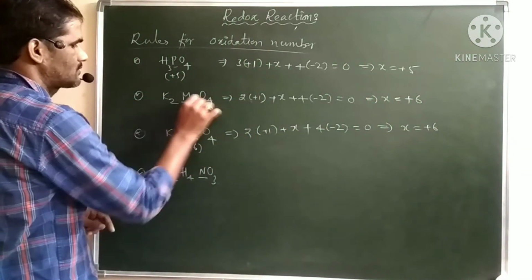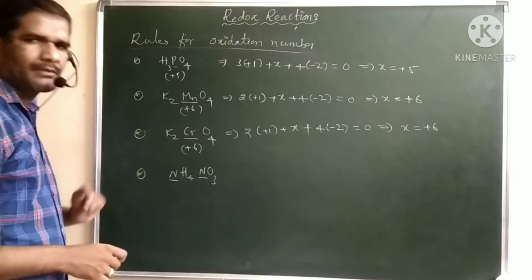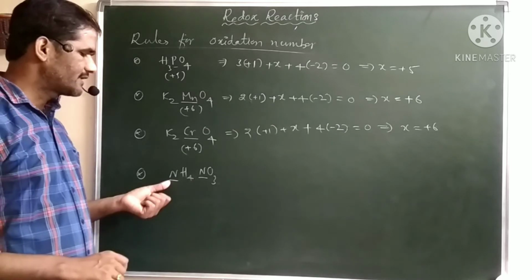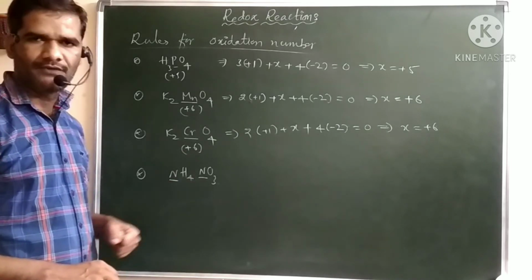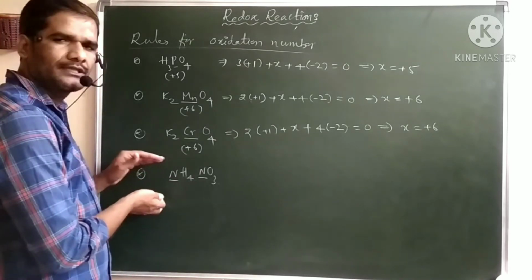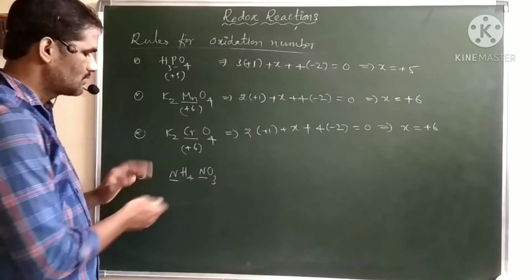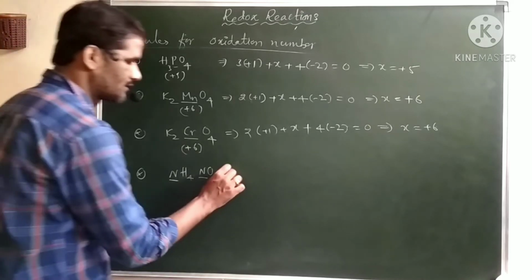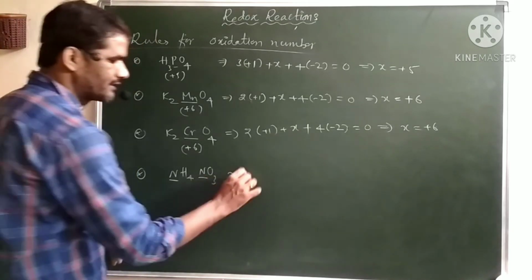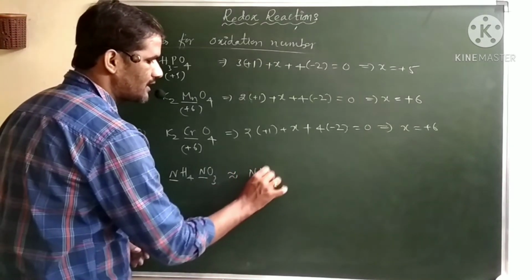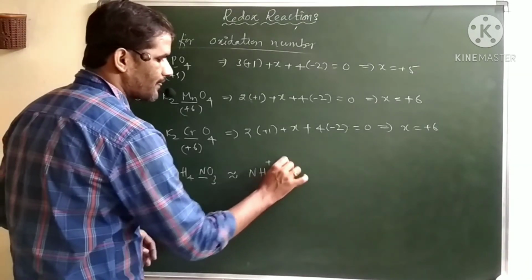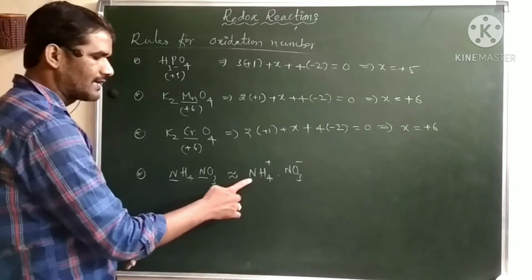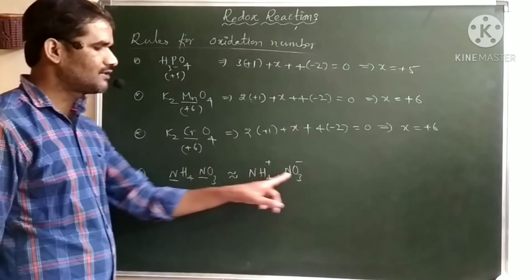Here manganese also +6. Ammonium nitrate: see here, 2 nitrogens are there, one is in NH4 plus and one in NO3. In this type of case, what we have to do is first split this molecule into its ionic parts, and we can write it like this. This is a combination of NH4 plus and NO3 minus. Now we have to calculate the oxidation state of the individual nitrogens.